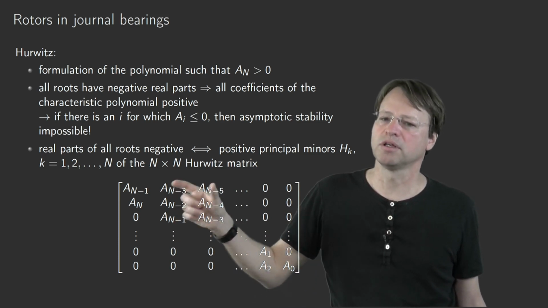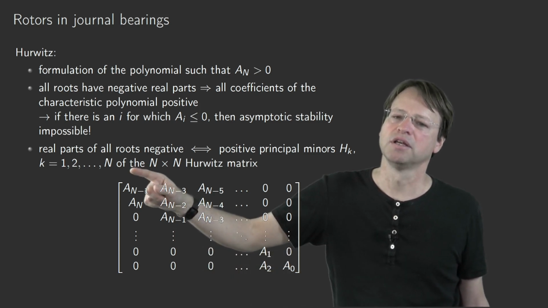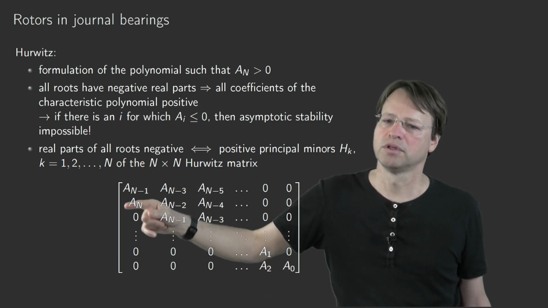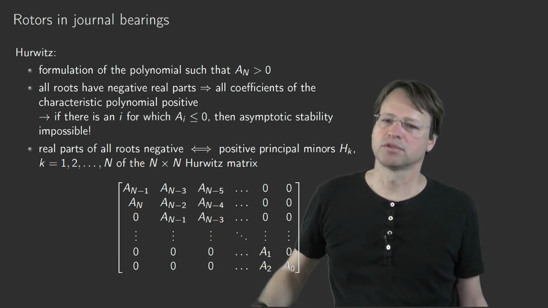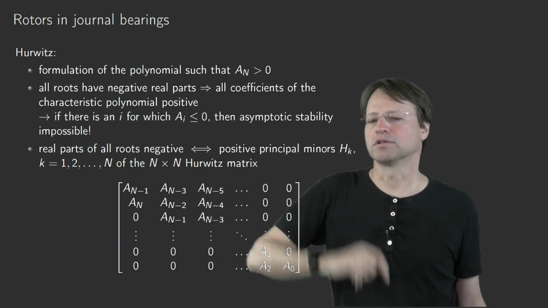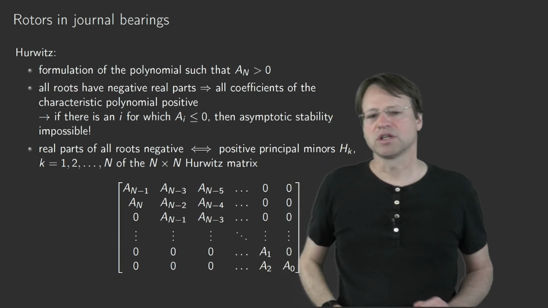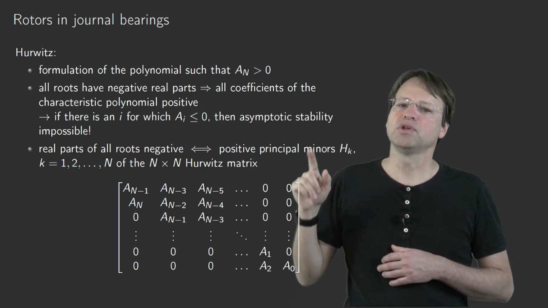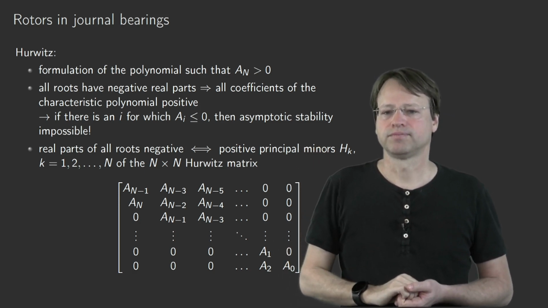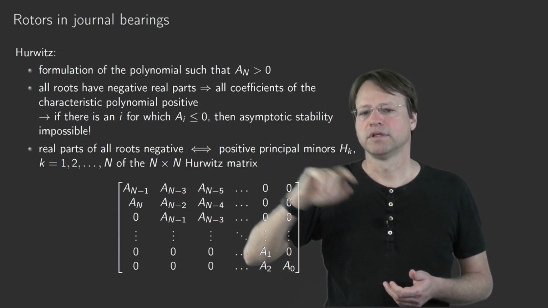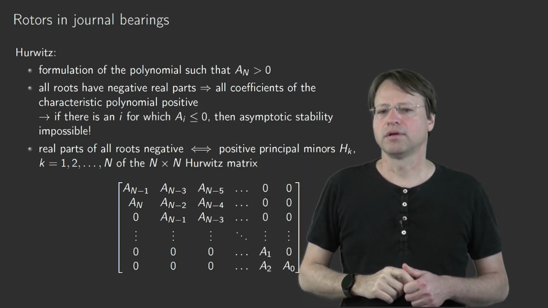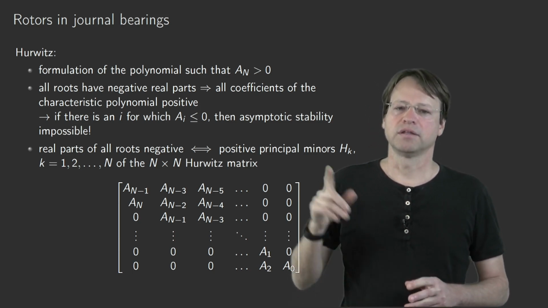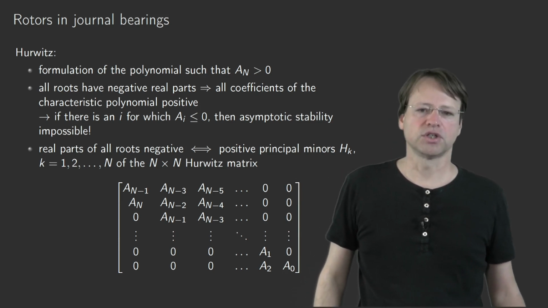So all the determinants of these submatrices are obtained by starting on the left and on the top, and going down k steps to the right and downwards. And if all these determinants are positive, then you are sure that the real parts of all the roots are negative. And this is a necessary and sufficient condition.